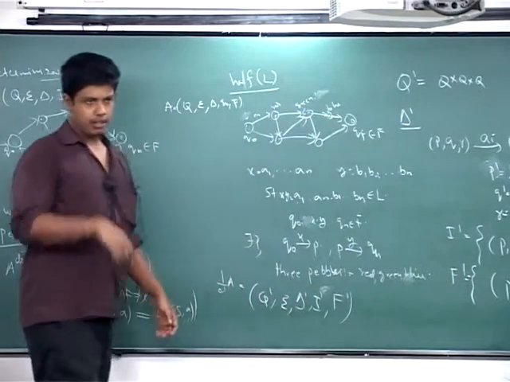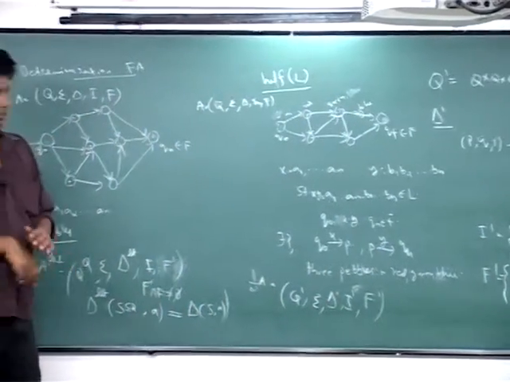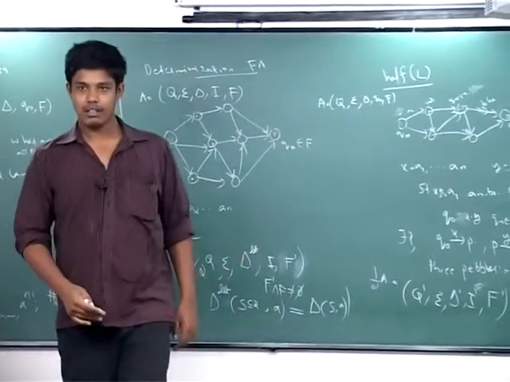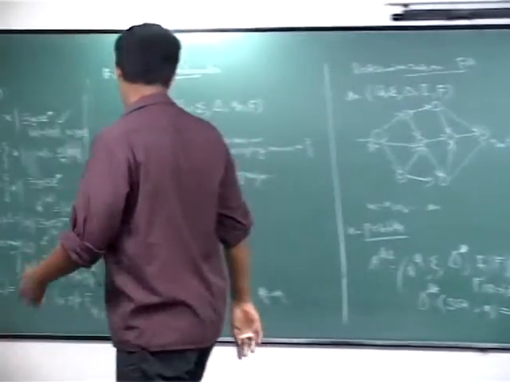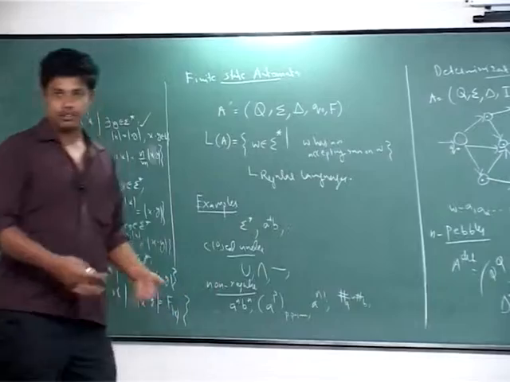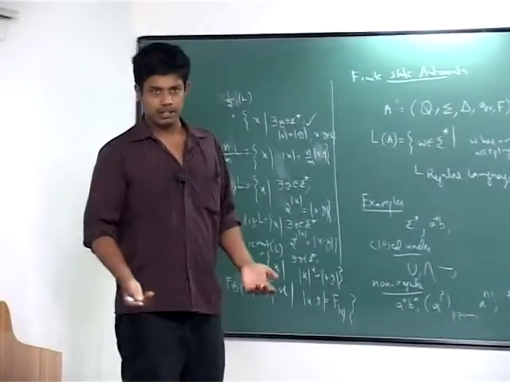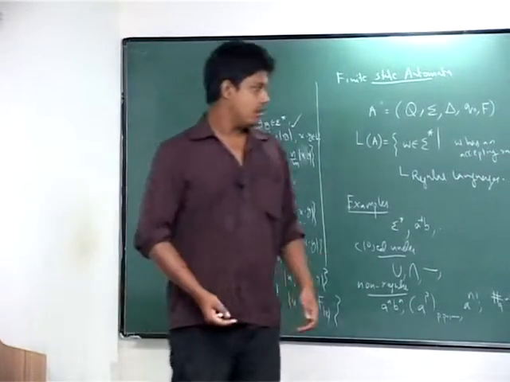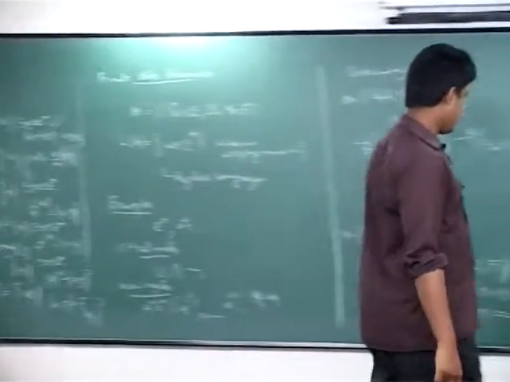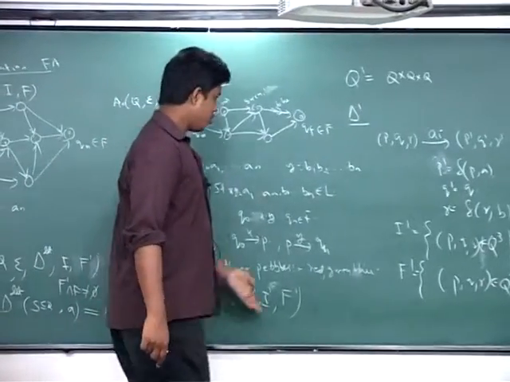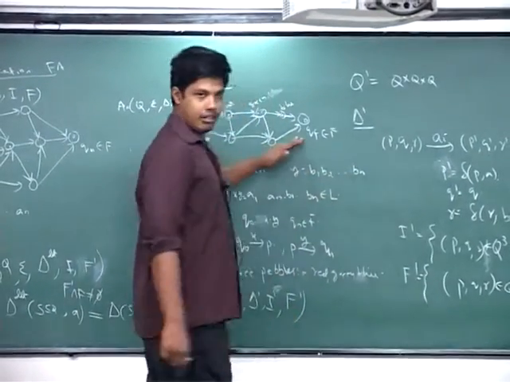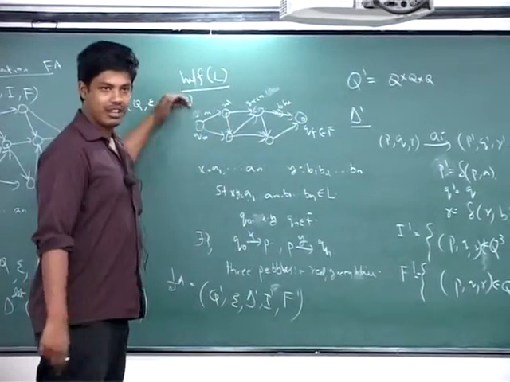How do you prove this? One standard way in proving all these things is to use induction. Instead of saying it directly, you say that if there is any run, then you can simulate half of that run in this machine.